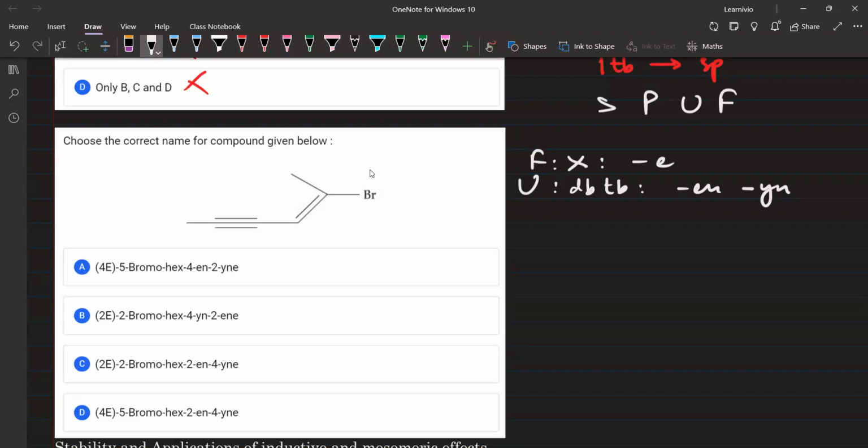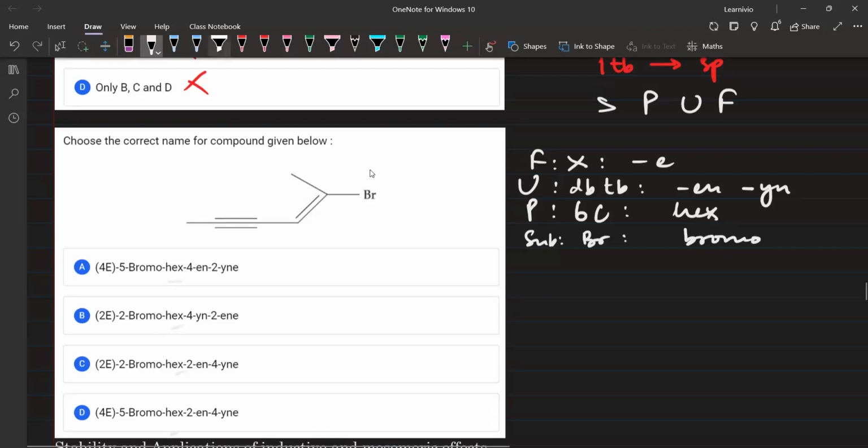Even from here, I can start doing the answer and it will obviously be fine. For the parent carbon atom, I will not even count because all of them are saying hex, so I will assume that hex, 6 carbon atoms, is correct. So it will be hex. If I look at the substituent, the substituent is only one, that is Br, and we write Br as bromo.